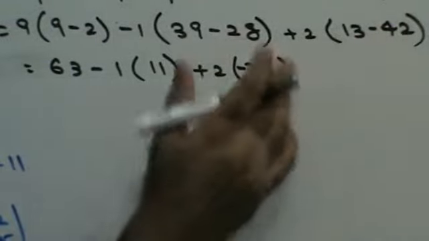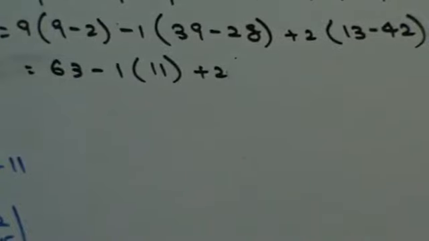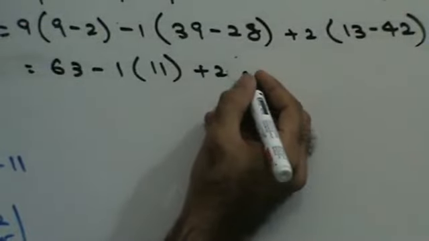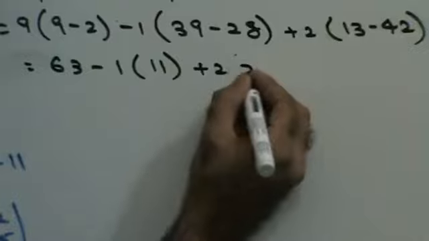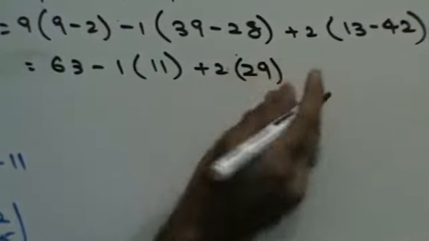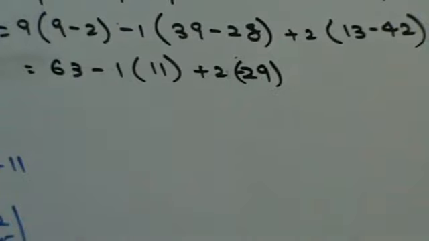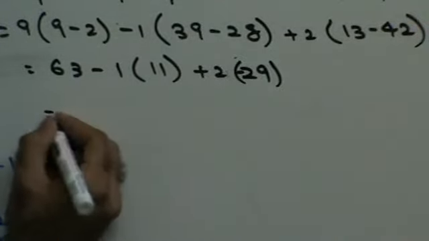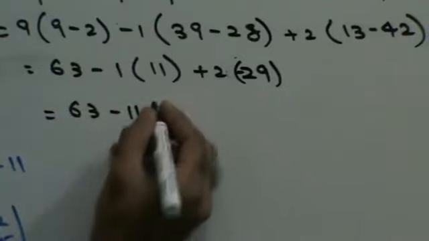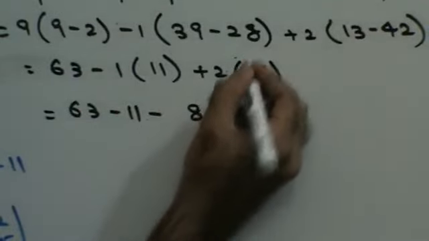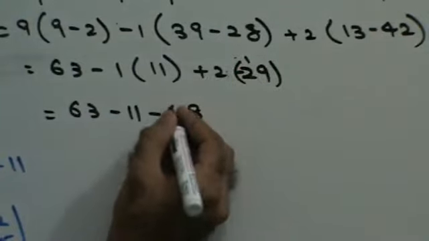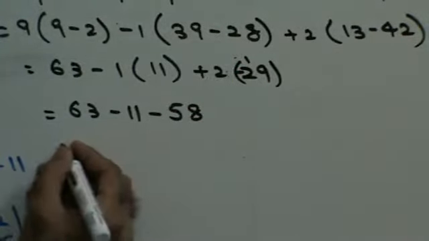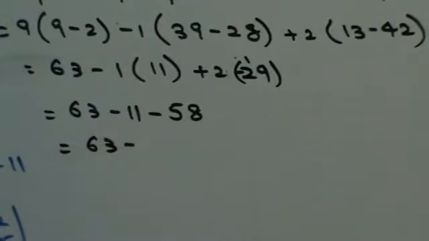So 42, minus 29, right? This is 63 minus 11 minus 9 2s are 18, 2 2s are 4. This is 63, 68, 69. Minus 6.